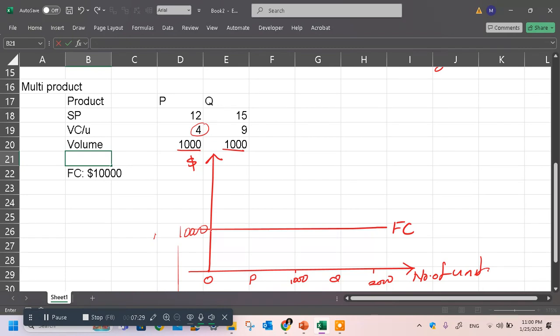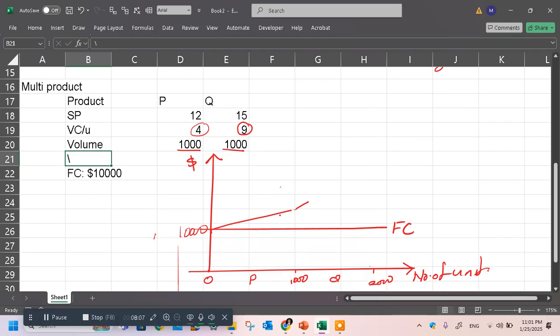Let's see. Okay, that's $4. Then it is increasing at a rate of $9. So from that point onwards, I have to take a higher angle. I actually need the graph only up to 2,000 units.